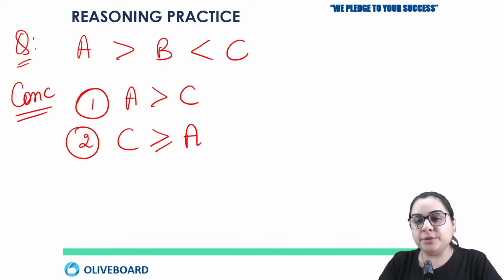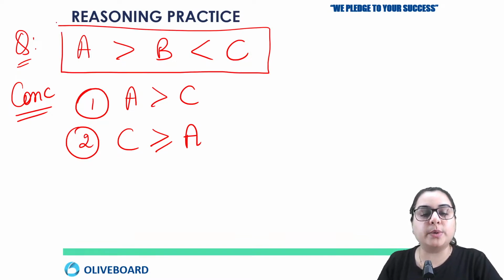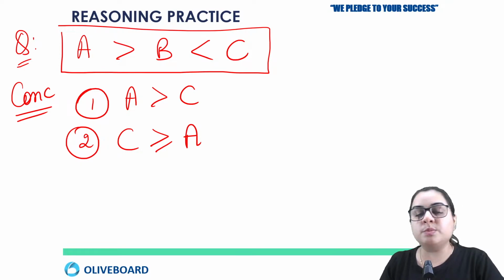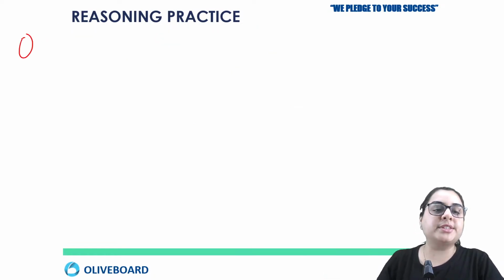Now, some of you think that in the statement, I just have greater and smaller. So, how can I take equal in the possibility? Now, students, again, I would say we are not merging the signs. We are concluding. And if you have opposite sign, that always represents three possibilities. That will be greater, smaller, equal. So, that's the reason that again the answer here will be either or. Okay, next question.